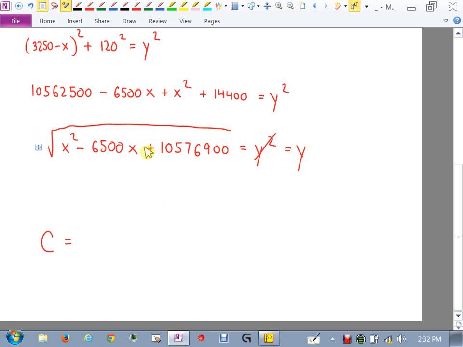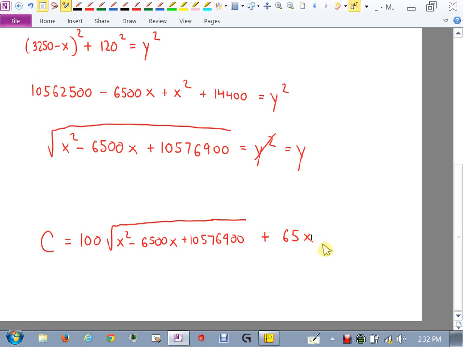So that's 100 times that square root of x squared minus 6500x plus 10,576,900, plus 65x. That's our cost function.